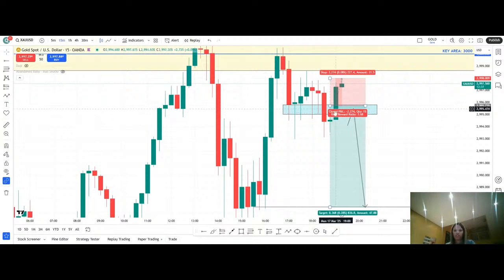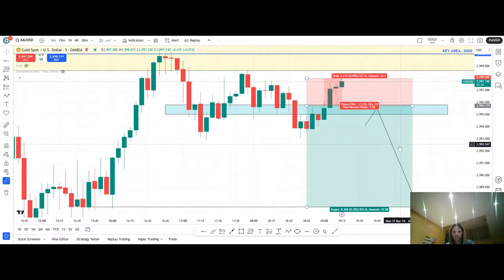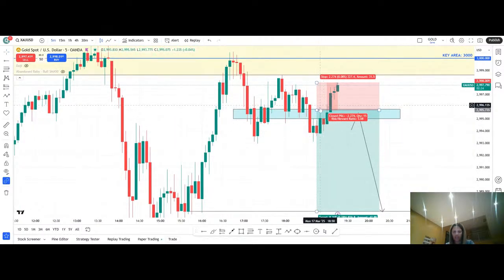Because even here, my zone is invalid with this candle. This candle closed above my zone. Those were still fine, but once it closed in the zone, it became invalid.